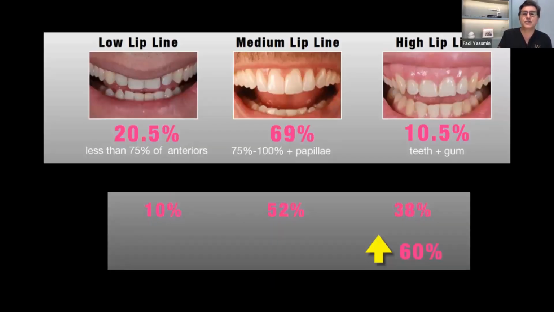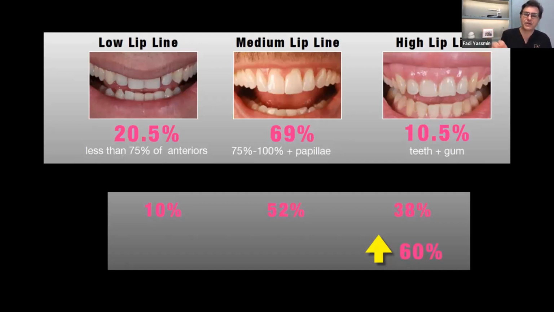But what's even more important here is that the data shows something different. And what happens in this case is it's no longer 10%, the high lip line. It's in fact 38%. And that came out of a recent study by Christian Coachman, which was done not based on the traditional static photos. So they did video capture to assess.